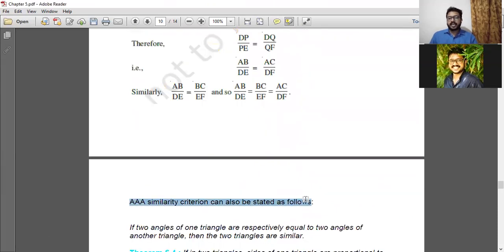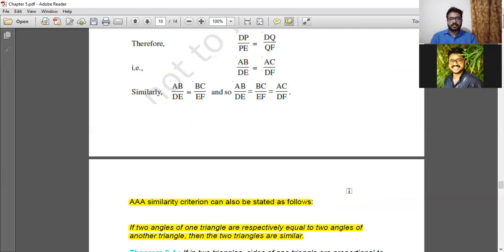And again, this AAA similarity criterion can also be stated as follows. If two angles of one triangle are respectively equal to two angles of another triangle, then the two triangles are similar. Means, suppose in examples, you are given two triangles, and you are asked to prove that these two triangles are similar.